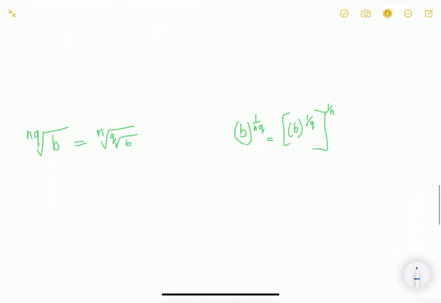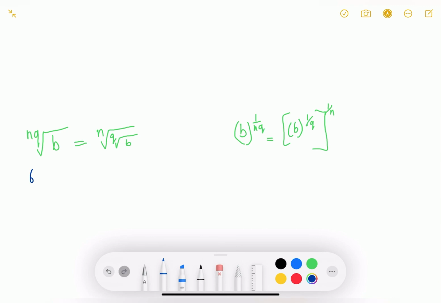Now let's move on to our fourth rule. Our fourth rule states that the nth root of the qth root of b is the same thing as the n times q root of b. Now let's see what that means. It means that let's plug in 6 here. Oh no, that's not a radical, guys.